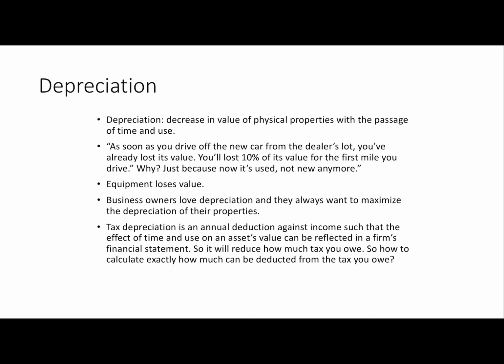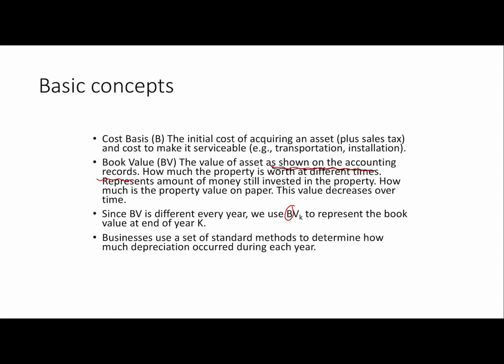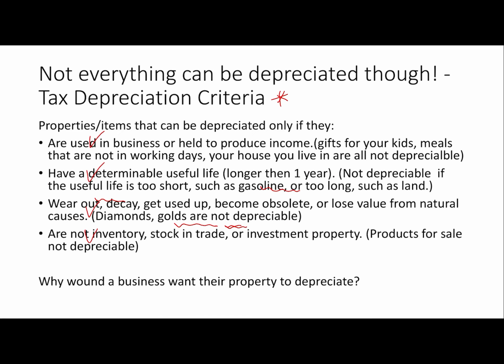And next we learned depreciation. You need to know what depreciation is, why business owners all like it, and how it affects your tax. Basic concepts: what is cost basis, what is book value, and how to calculate book value is what we learned.